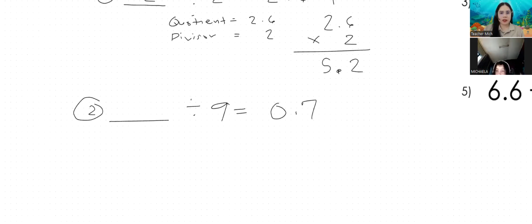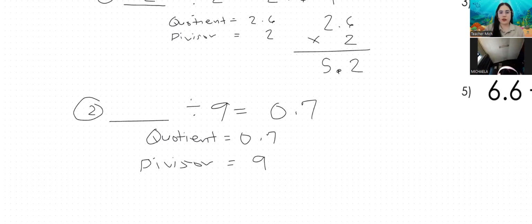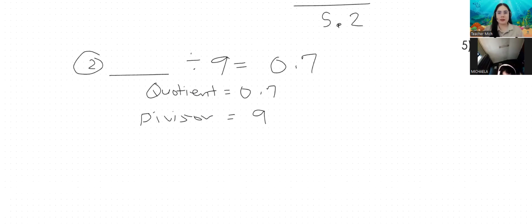Again, what's our quotient, anak? 0.7. Okay, very good. And our divisor is 9. So the missing number is the dividend. So the process is for us to multiply the quotient and the divisor. Can you please do that?